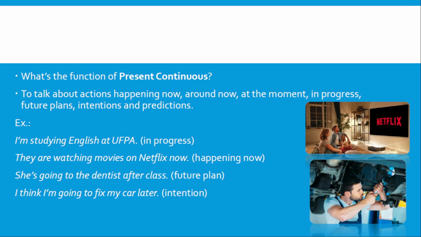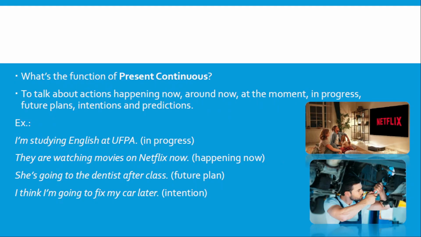Another example is for a future plan, right? She's going to the dentist after class. And the last example is an intention for the future. I think I'm going to fix my car later. What you have to remember about the present continuous is the structure.